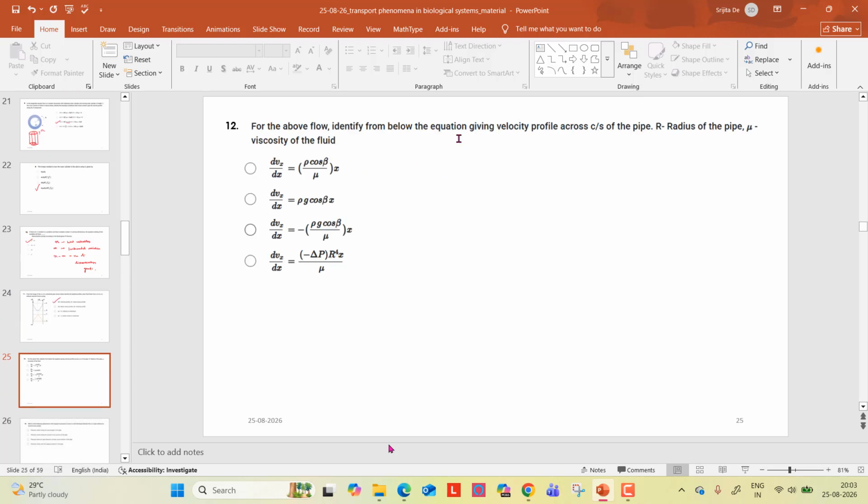Next. For the above flow, identify from below the equation giving the velocity profile across the cross section of the pipe, where R equals the radius of the pipe and mu is the viscosity. Okay.